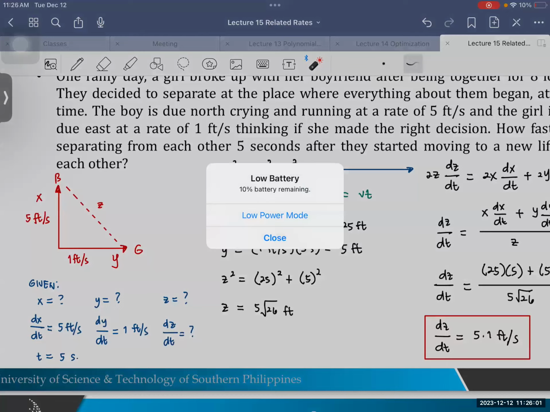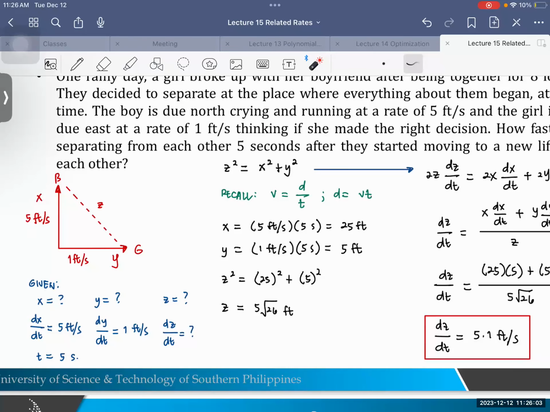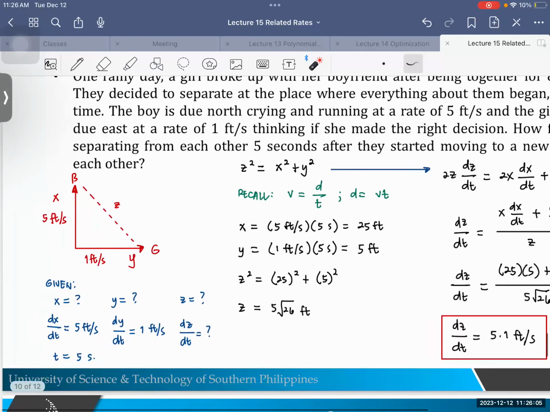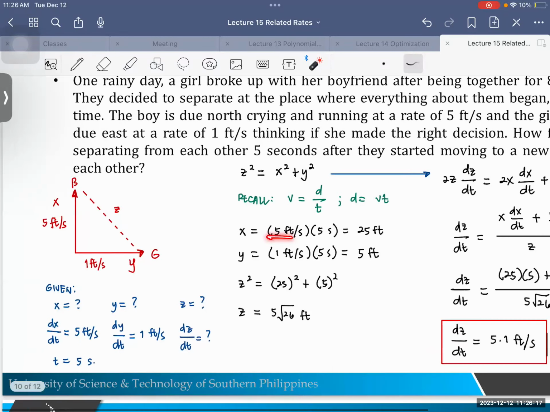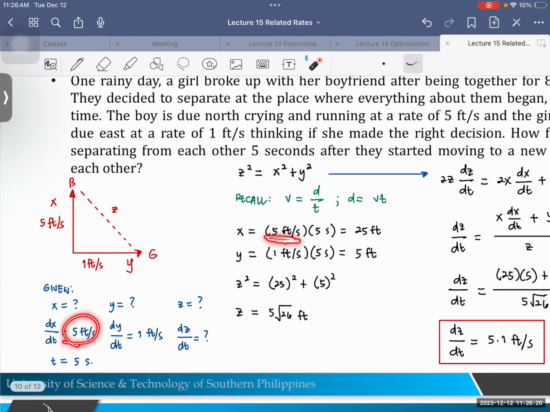How do you get x? Recall, class, that velocity is equal to distance over time, so distance is velocity times time. So 5 feet per second, dx over dt, times 5 seconds, which is 25 feet.